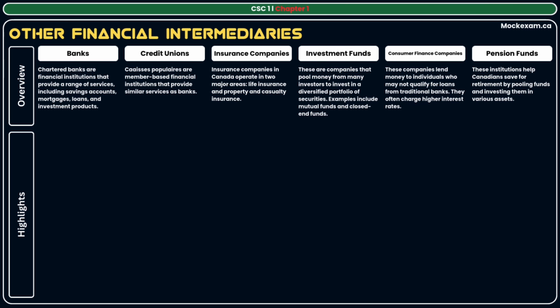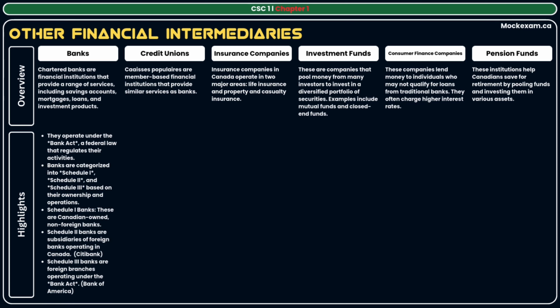Let's start with banks. Banks operate under the Bank Act, a federal law that regulates their activities. Banks are categorized into Schedule 1, Schedule 2, and Schedule 3 based on their ownership and operations. Schedule 1 banks are Canadian owned, non-foreign banks.